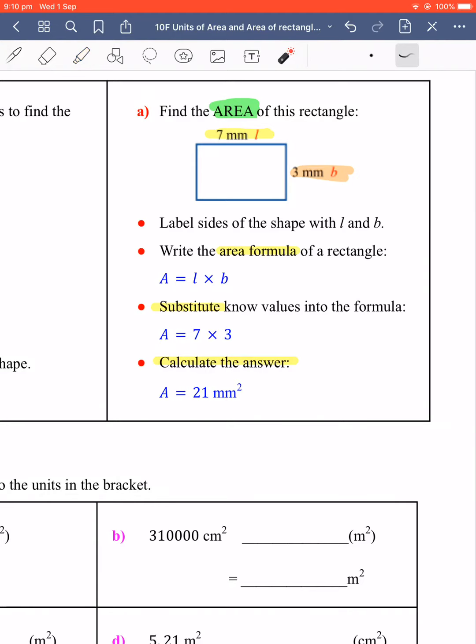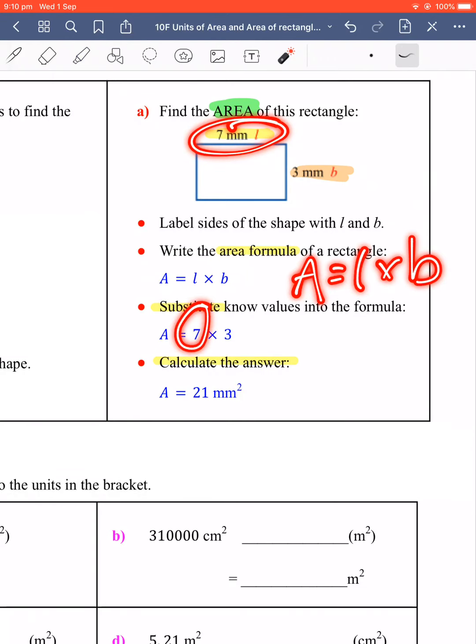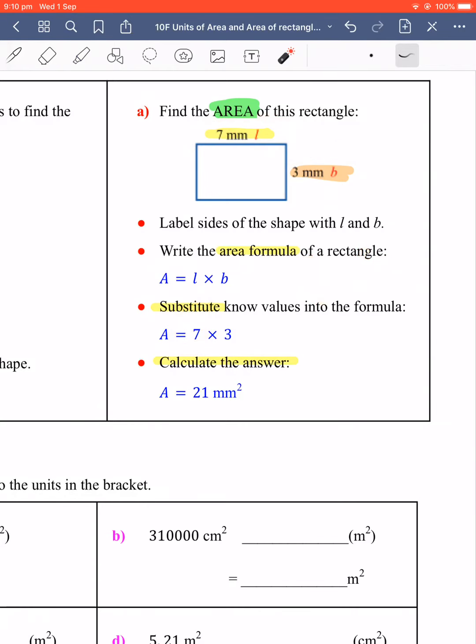So again, keep in mind the information that you do have. Make sure you label your sides as your first part. Next, we write out the formula: A equals L multiplied by B. So here's our L, we put it in. Here's our B, we put it in. Then calculate your answer, and given that these were both in millimeters, we end up with millimeters squared.